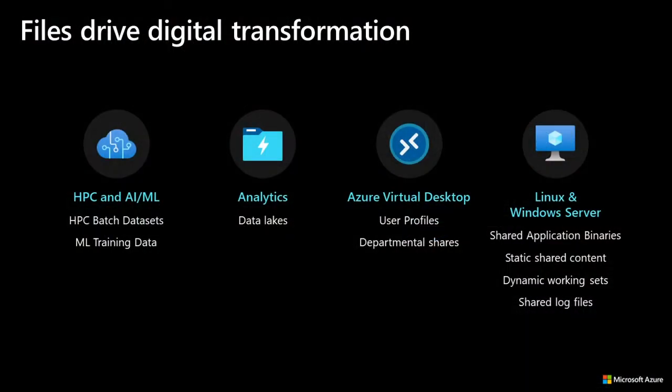So what data makes up this population of unstructured data? Well, you see a few categories here. Modern data lakes are full of unstructured data, things like Parquet files that contain data that you need to analyze with modern analytics. Of course, if you're running virtual desktop deployments, they are rife with unstructured data, file data to help you support your business and your desktop applications.